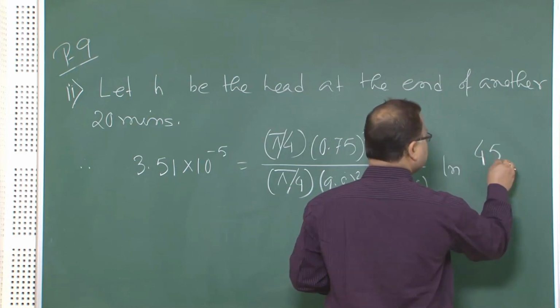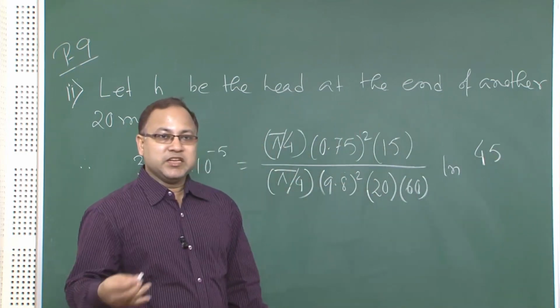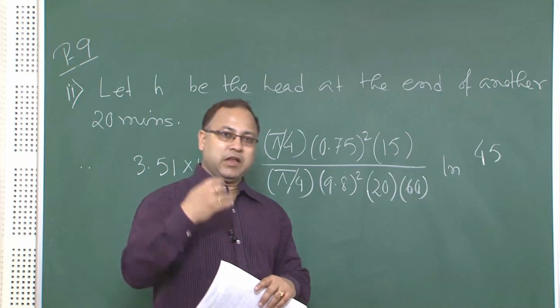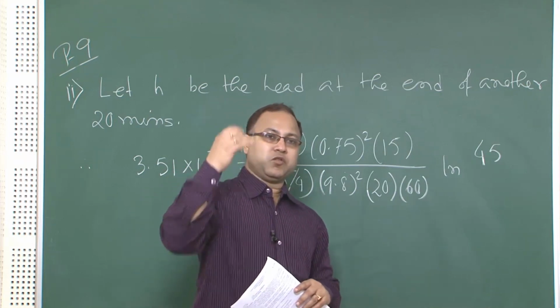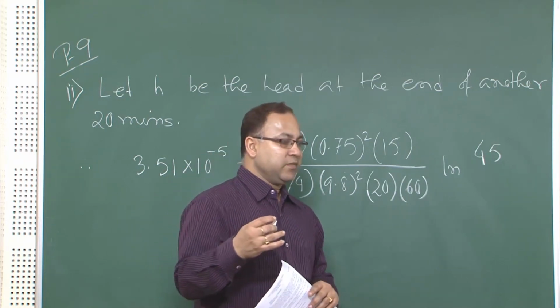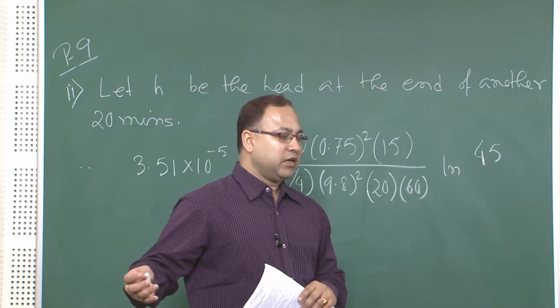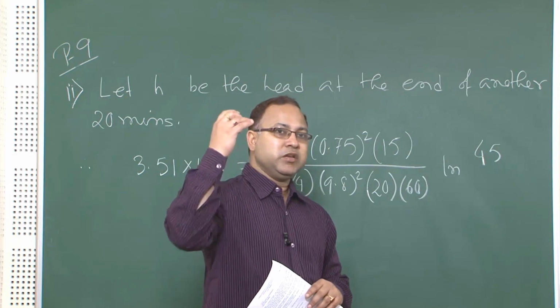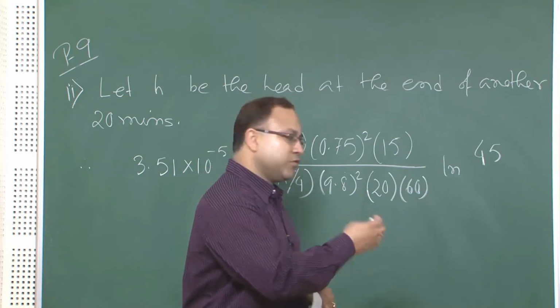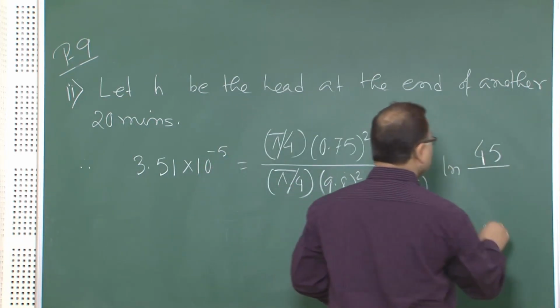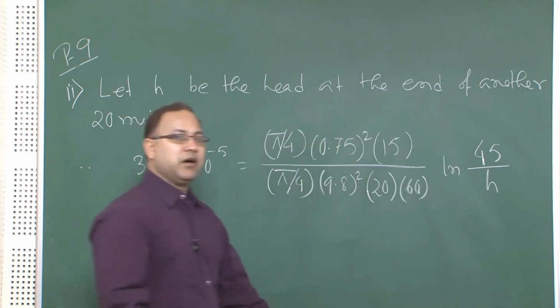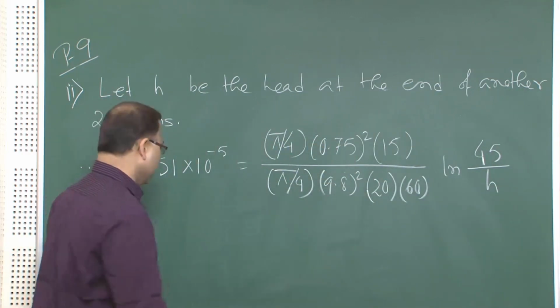Now, 45 is your initial head, because you allowed the water to fall from 60 to 45 centimeter, and then you start the experiment for another 20 minutes. So, 45 will be H1, and this is your final head after another 20 minutes.